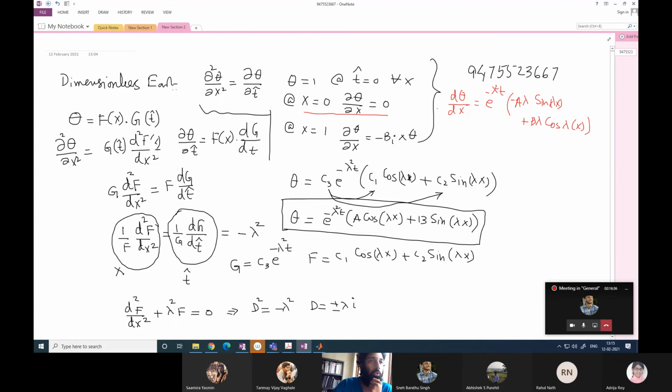So at x equals to 0, this goes to 0 and this has to be 0. So that means B must be 0.